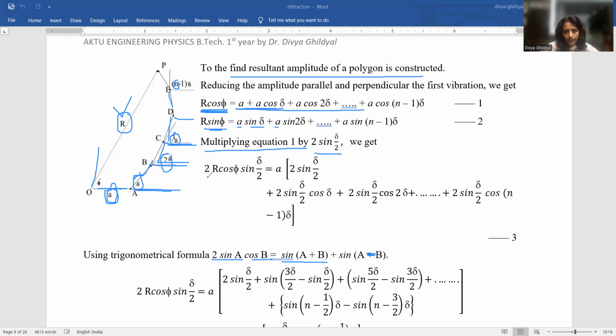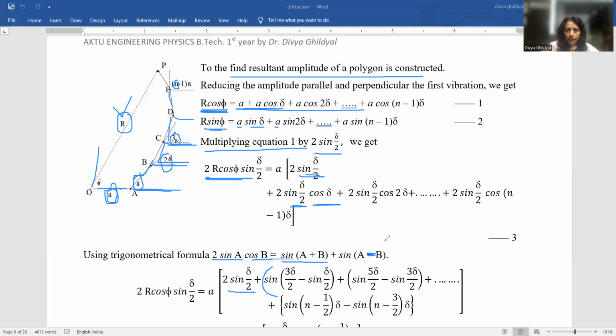I am getting an idea of what actually I am doing: 2 sine A cos B. I will use this formula and write it in a more simplified form as sine del by 2 plus sine 3 del by 2 minus sine del by 2 plus sine 5 del by 2 minus sine 3 del by 2, so on till sine (2n minus 1) del by 2 minus sine (2n minus 3) del by 2.